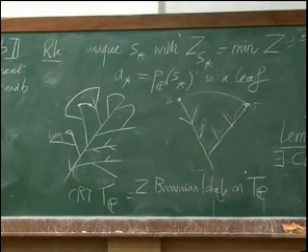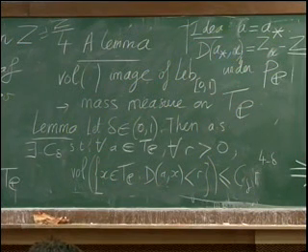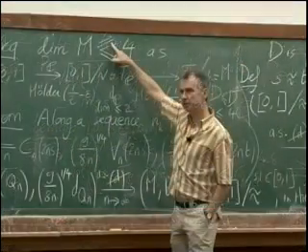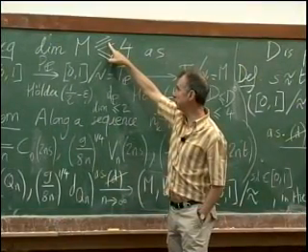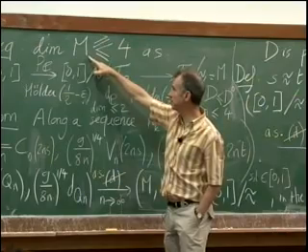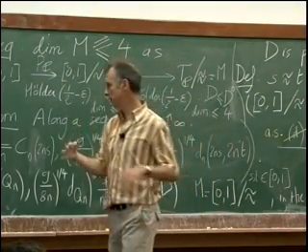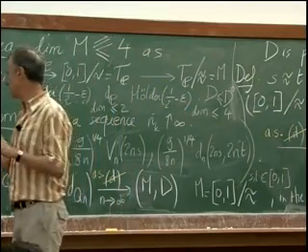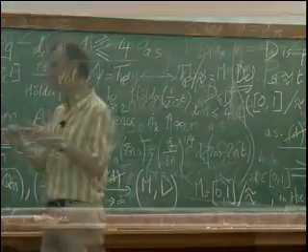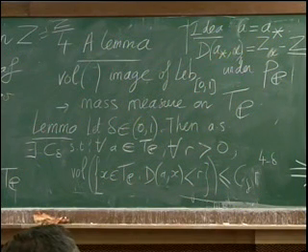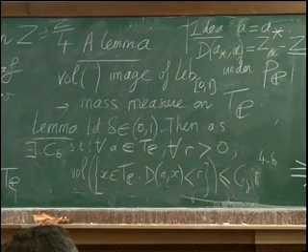So, in fact, once you have the lemma, you can get this other bound, this lower bound corresponding to the upper bound of the dimension. You can check that the dimension of M is greater than 4. Because it's well known that if you have compact metric spaces where you have a uniform ball bound, you know that the volume of the balls of radius r are bounded by r to the power 4, then automatically its dimension is at least 4.